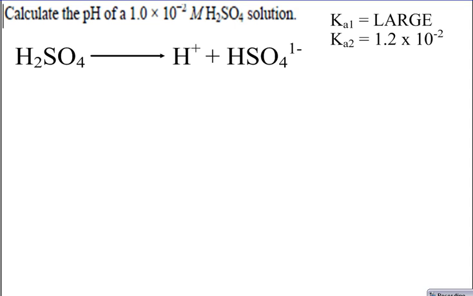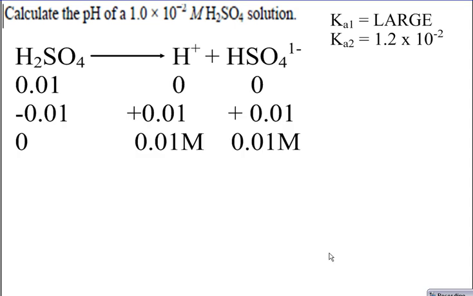So if I filled this in my rice table, it would look like this, where all of my sulfuric acid is used up, giving me 0.1 molar hydrogen and 0.1 molar hydrogen sulfate.